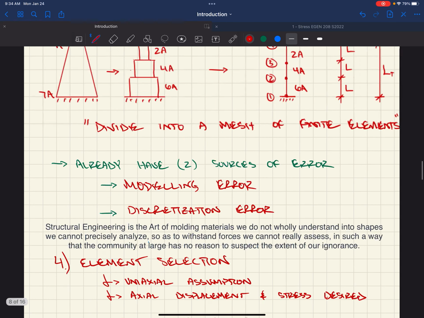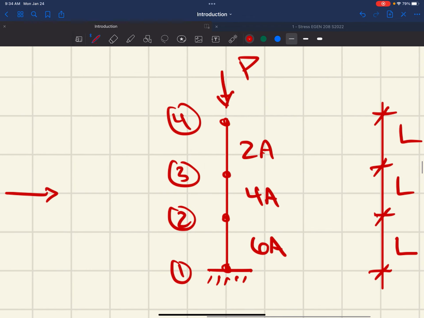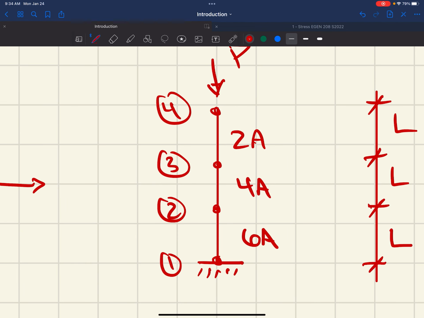We're going to look at this 4a bar element, right? We're going to assume we're going to use a bar element that's going to represent our field variable, which is displacement between nodes, right? We're going to look at what's going on between nodes 2 and 3.